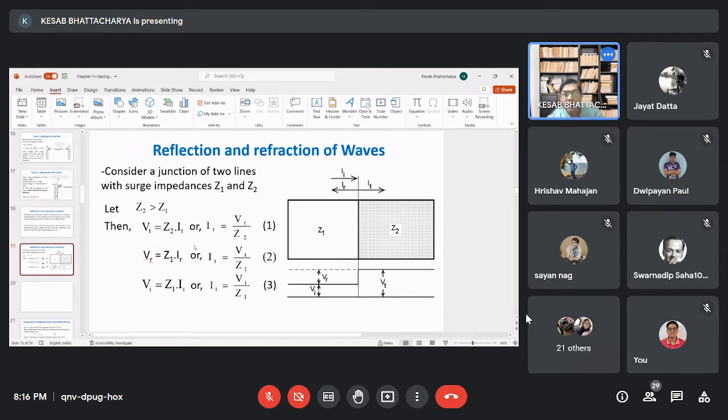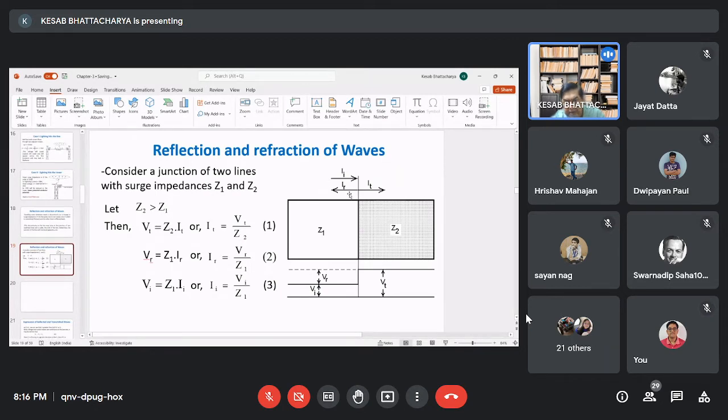We further assume, I repeat, Vi is the incident voltage wave as shown over here. Ii is the incident current wave. Vr is the reflected voltage wave reflected from the junction of discontinuity.